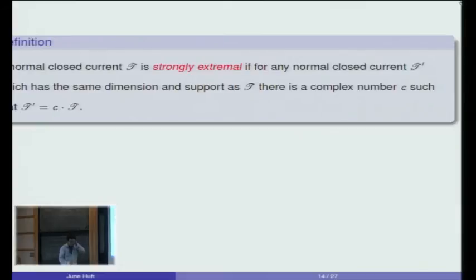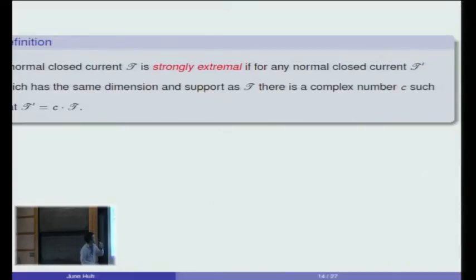The examples obtained in this way can be manipulated to have many interesting behaviors if you select the right tropical variety. And one of them is this. You say that a normal closed current T is strongly extremal if for any other normal closed current T' which has the same dimension and support, there is a complex number c such that T' is c times T. Normal here means that the current has measure coefficients, not crazy distribution coefficients.